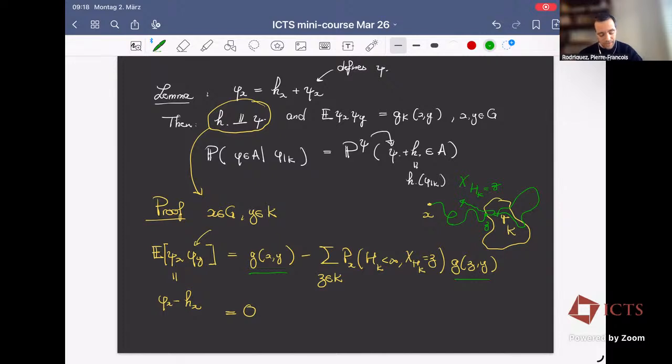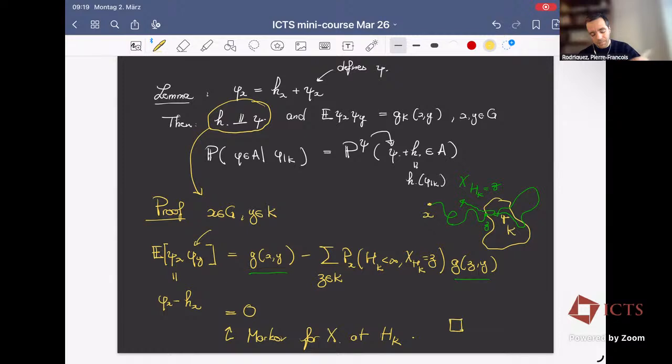So here technically I've used the Markov property for the random walk. And it's actually the strong Markov property at time h K, the entrance time in K. Okay, and that's the proof.